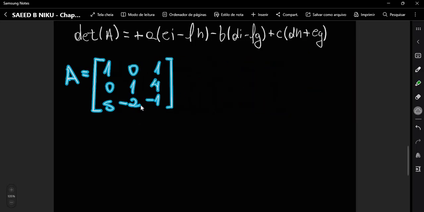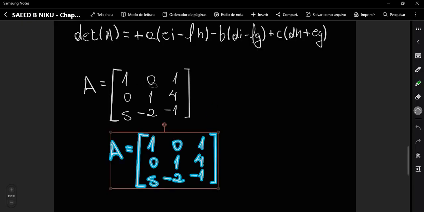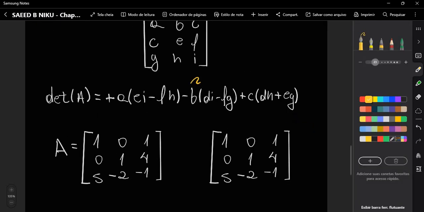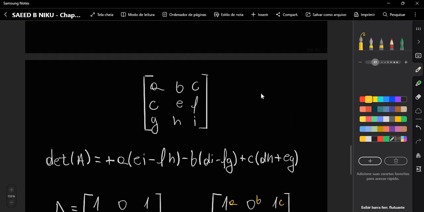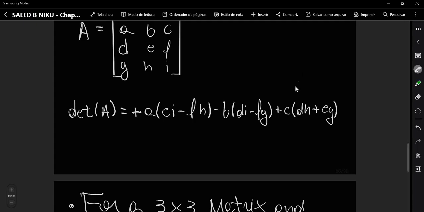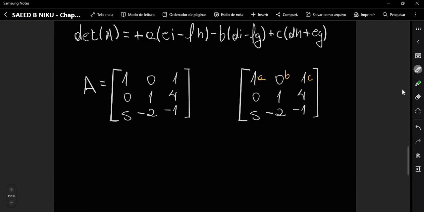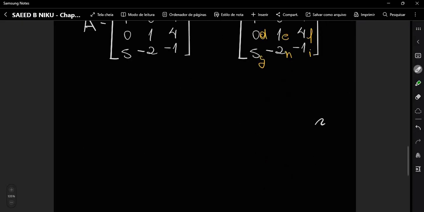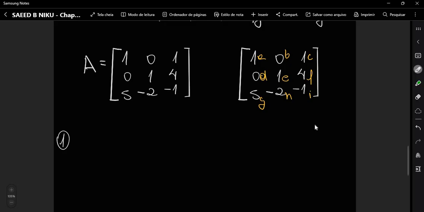So this term is A, right here B, C, right here is D, sorry, then E, F, G, H, I. So the first step is to calculate the determinant of this matrix.